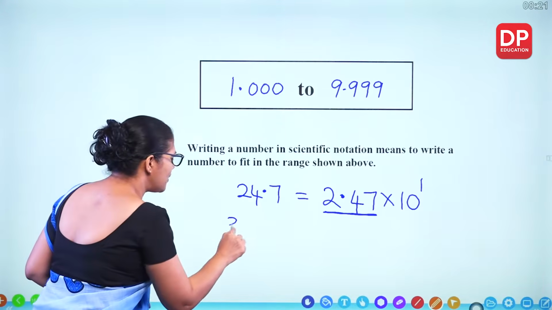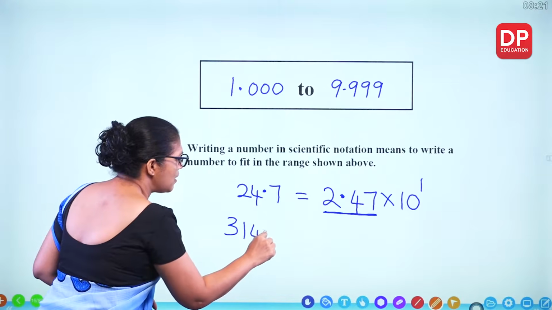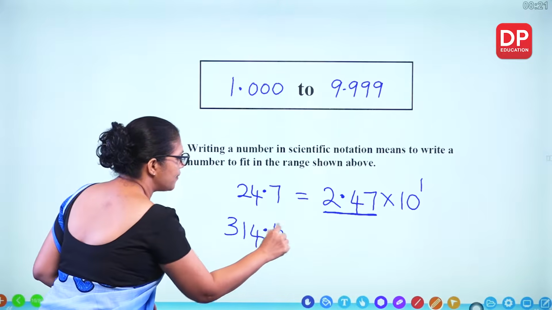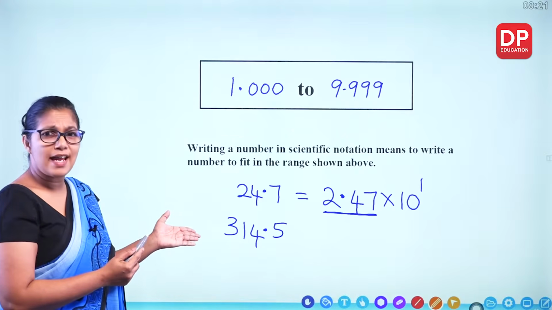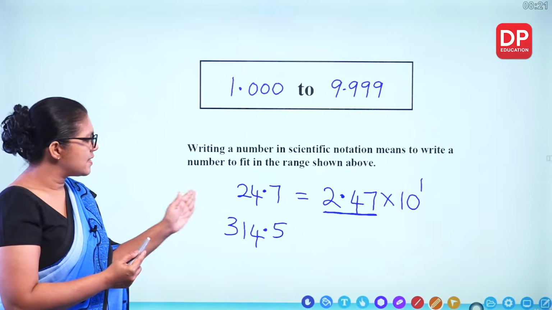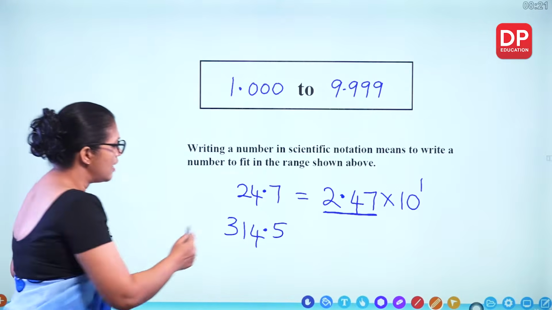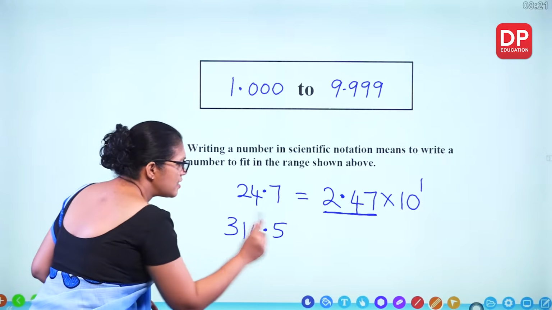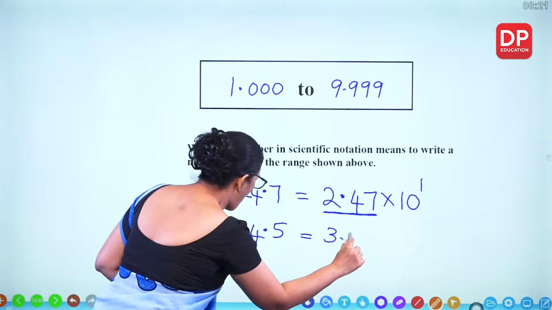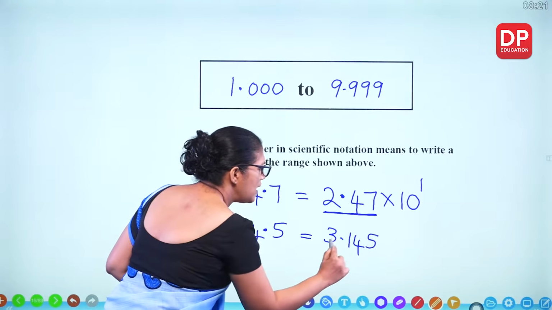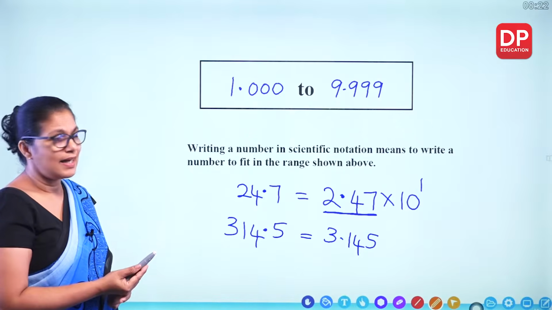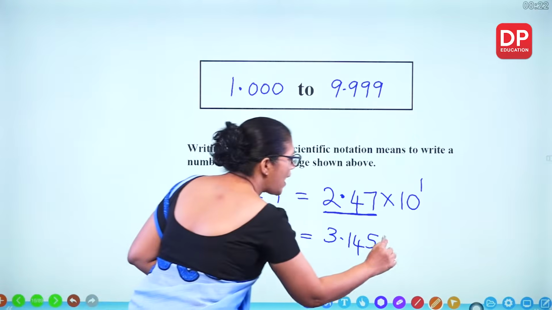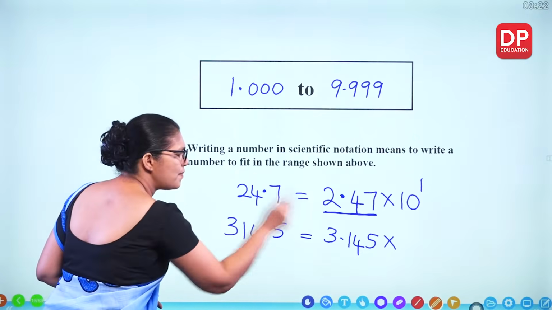We'll take another one, 314.5. This is more than 10. How can we put it inside this range? If I take the decimal point here, 3.145, in between 3 and 1, that number is less than 10. So how can you get this number from this?